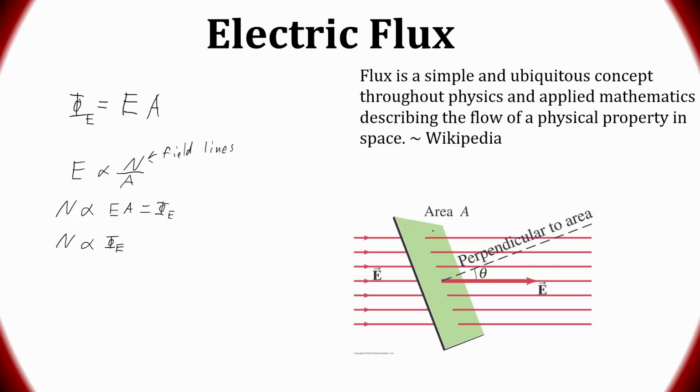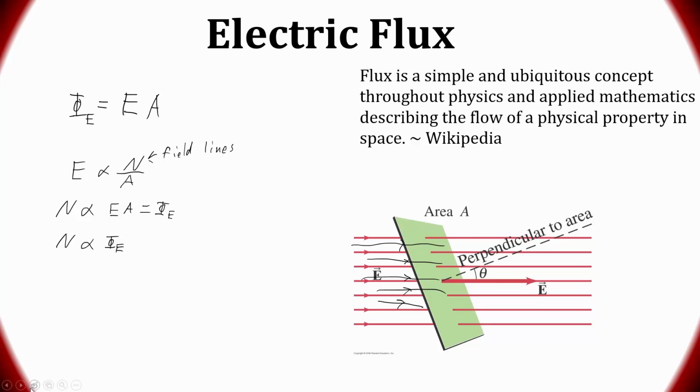So if you have a larger surface in this constant electric field, you'd have more field lines and you have more flux. Or if you have the same surface but a stronger electric field, then you would also have more field lines through here. So you would have more electric flux.